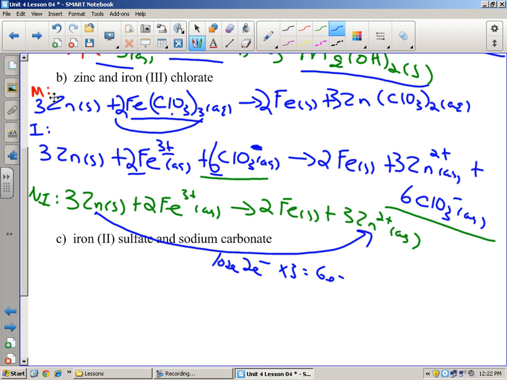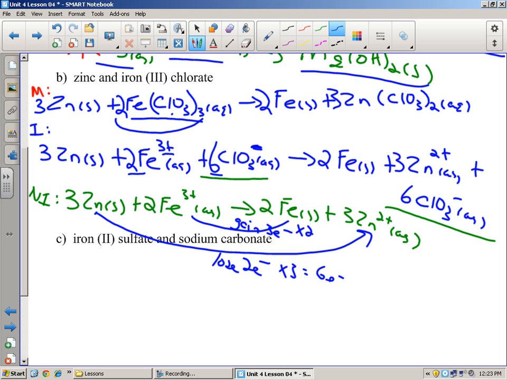Right? How does iron 3 plus become iron? Iron 3 plus, how does it become back to iron? It has to do what? Gain 3 electrons, right? But there's 2 irons, so times 2. Right? So all the zincs are losing 6 electrons.